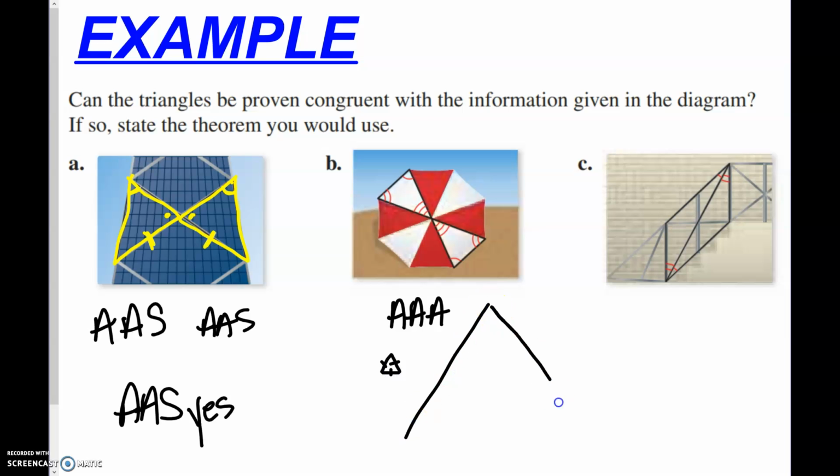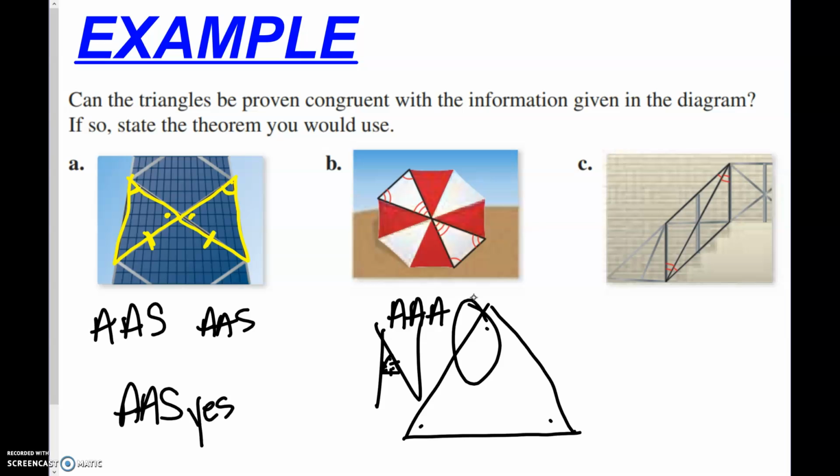And can I make an equilateral triangle this way? So let's not even think about the sides. Think about all the angles being 60, all the angles being 60. Are they congruent just by getting the angles congruent? So this one is a big fat no. Angle, angle, angle does not work.